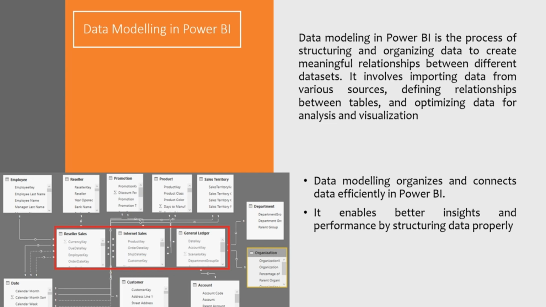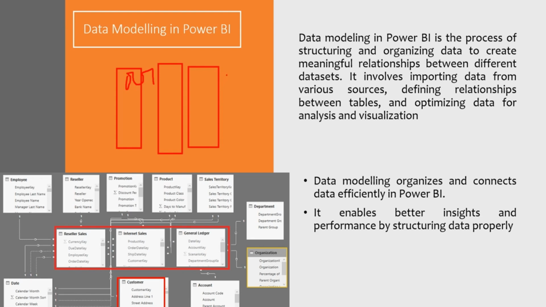To portray what I said earlier, in this customer table you have things like a customer key or customer code, let's say 001, then the address of the customer, the street address, the date of birth, and so on and so forth.